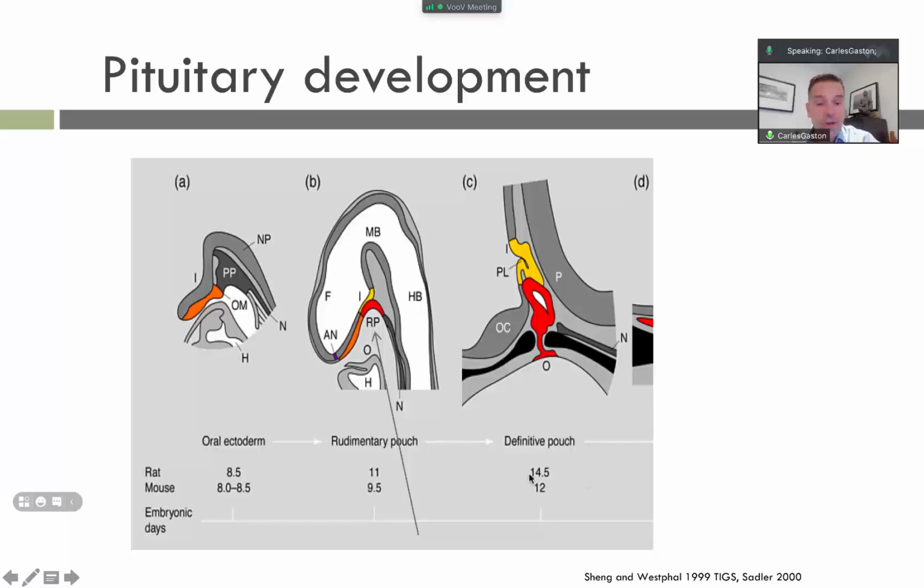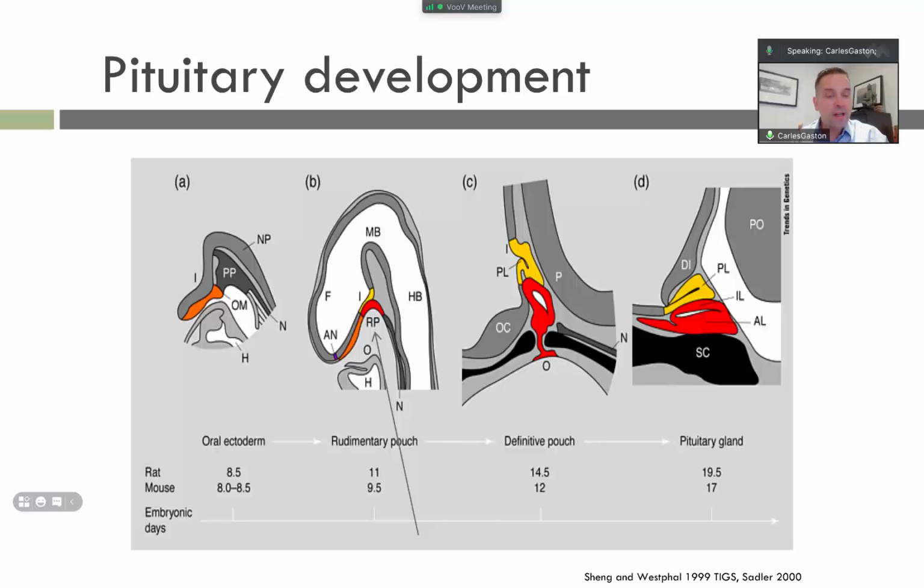A little bit later during development, at 14.5, you can see here in red the Rathke's pouch evaginates and forms a definitive pouch in red. This will form the anterior pituitary that basically contains all the hormone producing cells. The posterior lobe that comes from the CNS or infundibulum, as you can see, comes from the nervous tissue and will contain the axons from the hypothalamus, but not the main hormone producing cells.